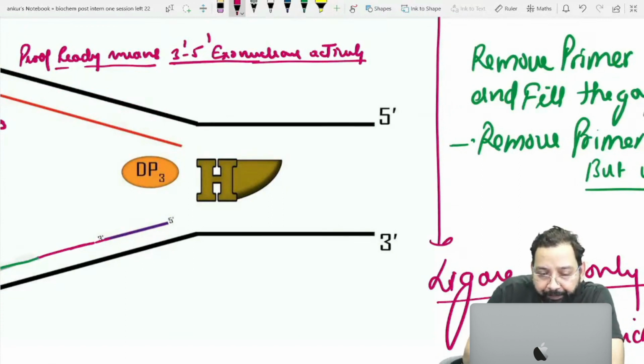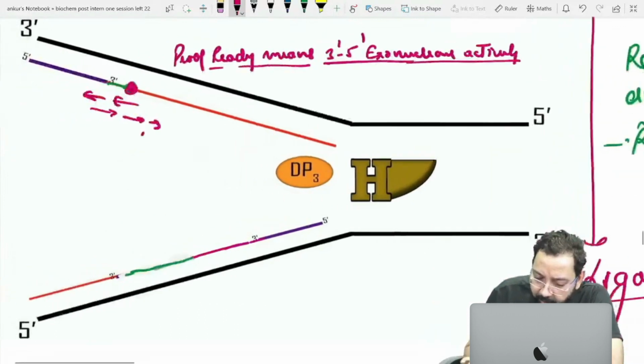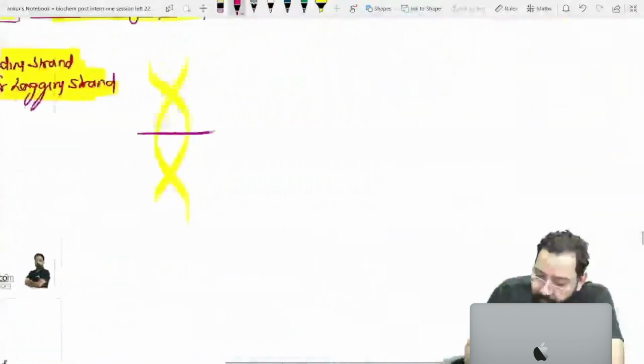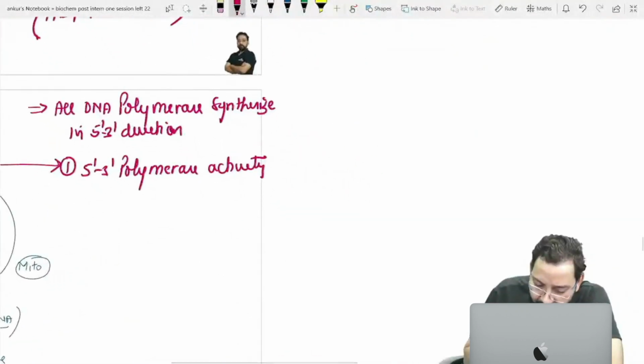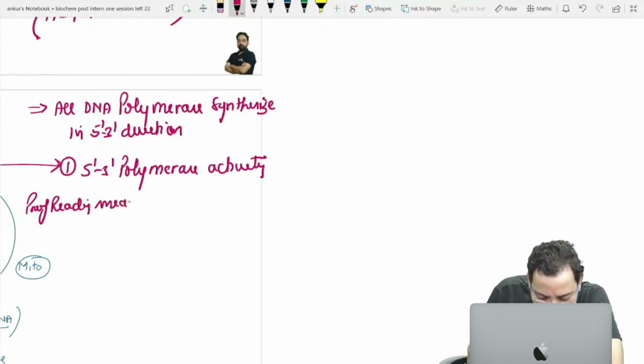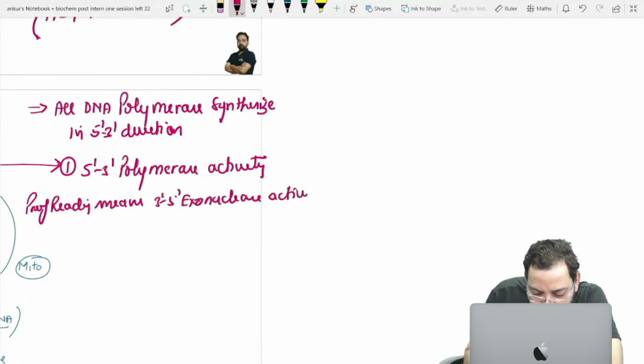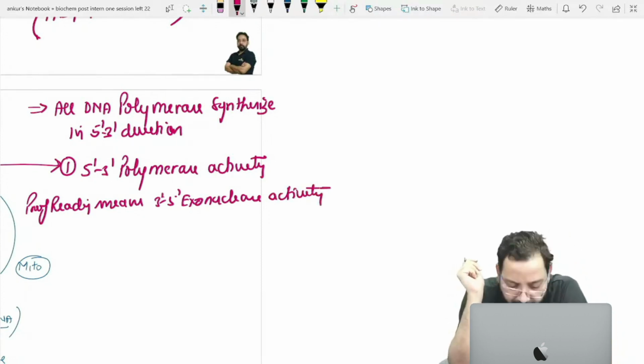Okay, so this is about proofreading, and simply you can write here: proofreading means 3 to 5 exonuclease activity. Have you understood this? Proofreading means 3 to 5 exonuclease activity.